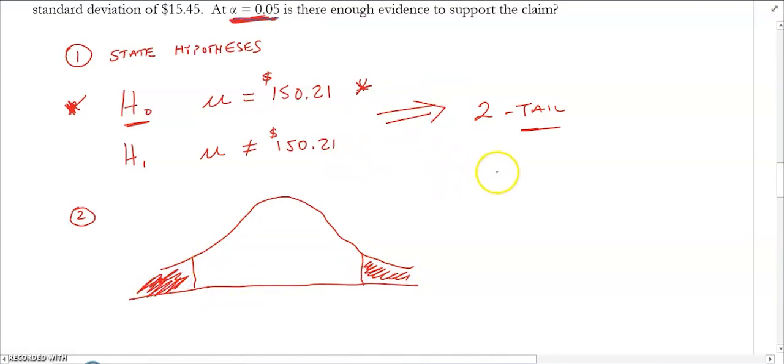What's important here is that alpha is 0.05, in other words, 5%. And that is the sum of both of these tails. That means if I want the area inside each of the tails, that's alpha divided by 2, which is 0.025 or 2.5%.